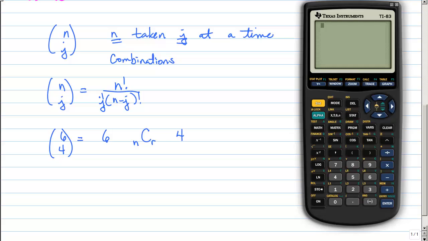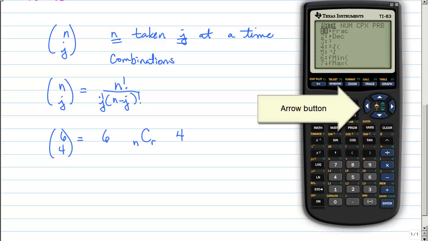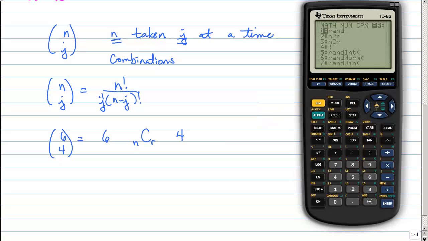So we hit 6, and then you go to your math button, and you're looking for PRB, which is probability, so you can use your arrow button to go right 3 times, or you can use your left arrow button and go backwards, and that gets you to PRB. And notice option 3 is nCr. That's the number of combinations.